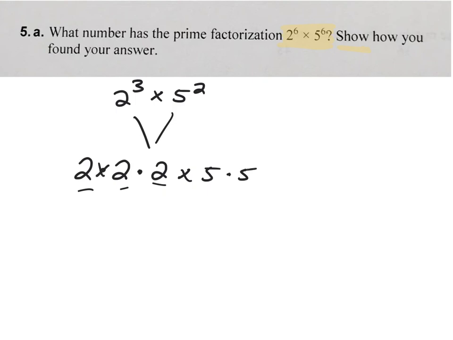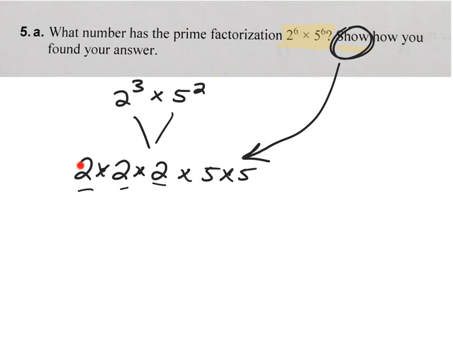Remember those dots, sometimes I use dots, sometimes I use the times. It doesn't matter, they're both the same. I've done it so much, most of the time I'll use the dots. So now we've got it, now we can show it. Now we just multiply to get the answer.